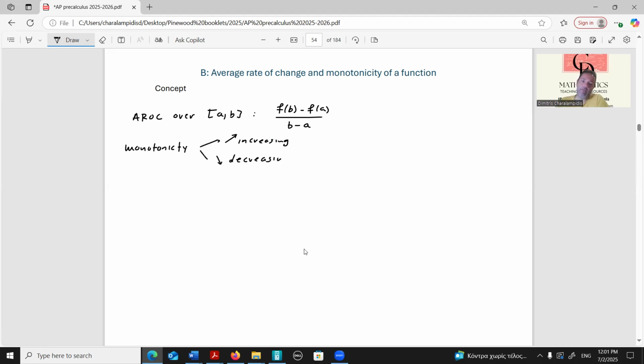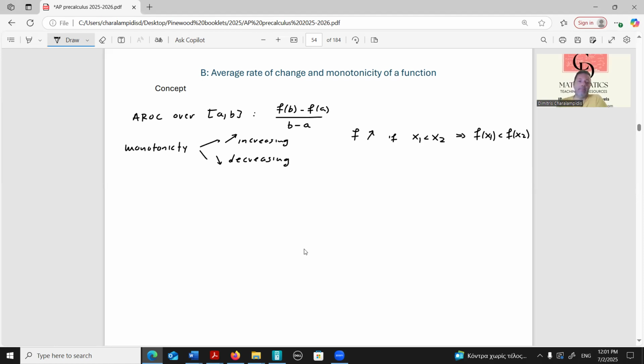And if you remember, we said that f increases if every time x1 is less than x2, then f(x1) is less than f(x2).